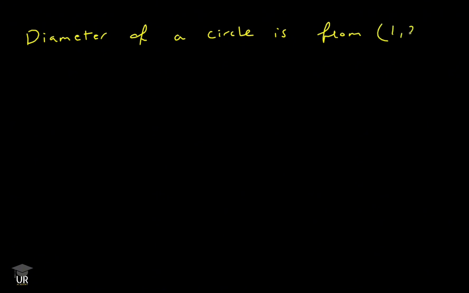Now in this case, let's say that we are given the diameter of a circle, and the question says that the diameter of a circle is from, let's take any point, so let's just say it's from 1 comma 2 to 3 comma 4.